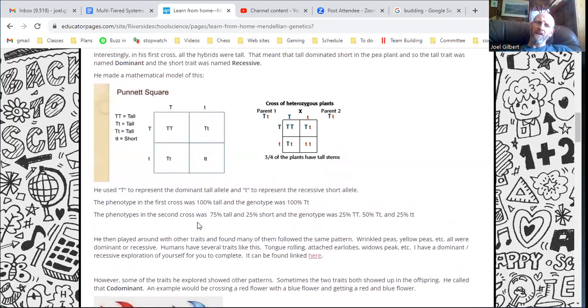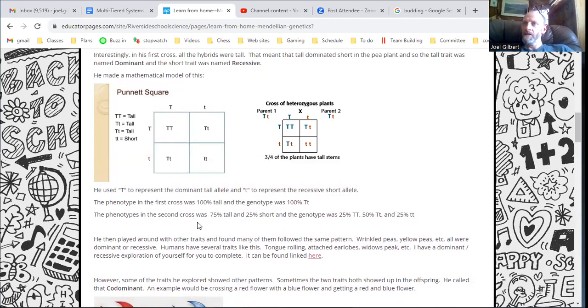He then found that not every trait is dominant or recessive. Sometimes they blend, and he called that incomplete dominance. Neither completely dominates. They blend. And then he found even some traits where both show up.